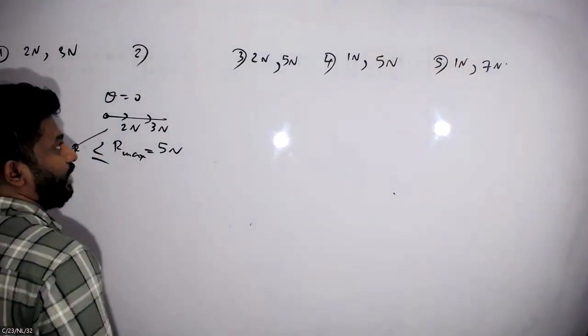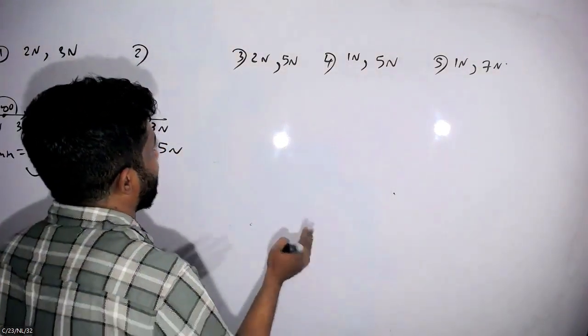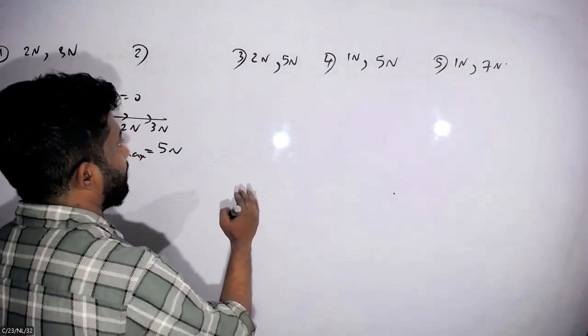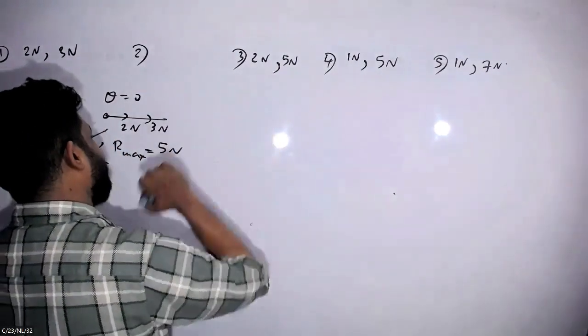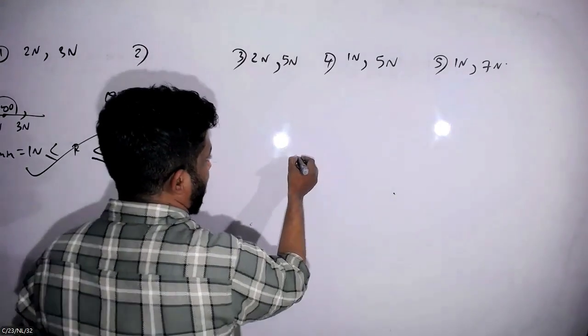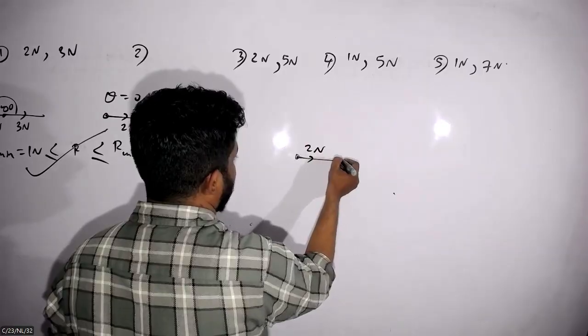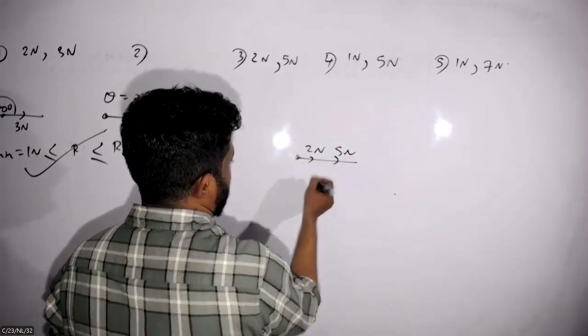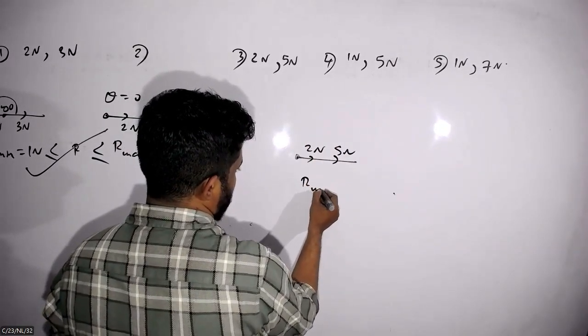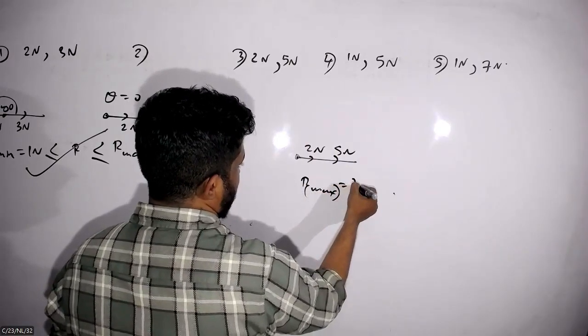Then try to identify the maximum and minimum resultant that can be produced by 2 Newton and 5 Newton. They can produce maximum resultant when they are acting in the same direction. Maximum resultant is 7 Newton.